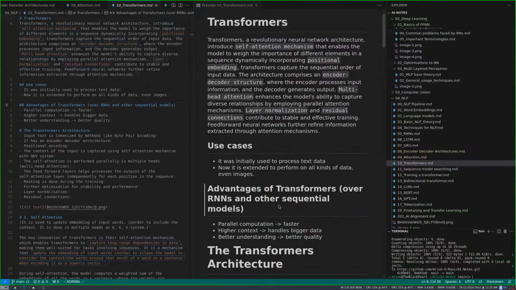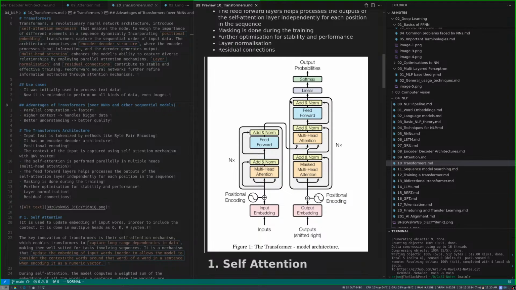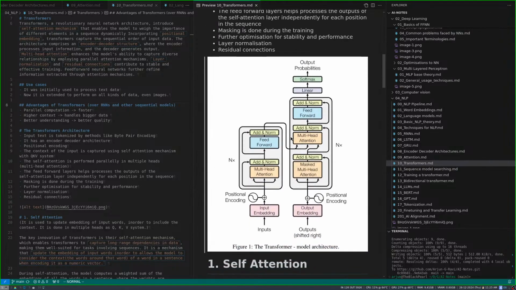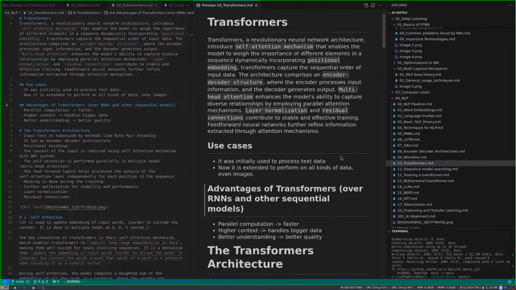Now, let's move on to the big one, the boss, transformers. So this is the transformer architecture. What is a transformer? A transformer is a deep learning architecture used for sequential problems.